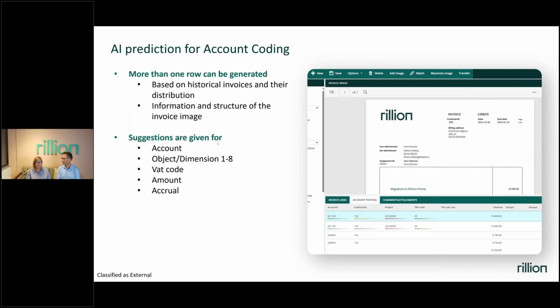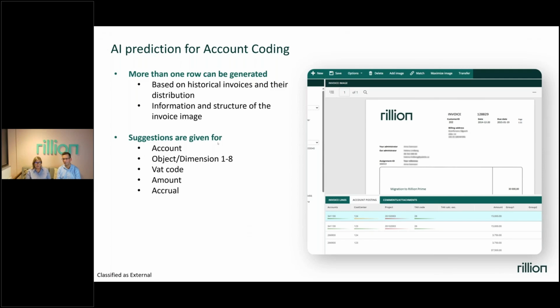If you have a lot of invoices that are split over 3 or 4 lines, then the AI will be better on that. But if you just have a few invoices distributed on 3 lines, then you'll get lower results. It's all about the history that you have. If you have invoices that should be split over, I don't know, 15 or 20 lines, I would recommend using a coding template instead.